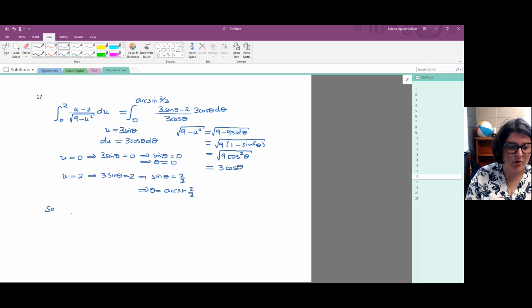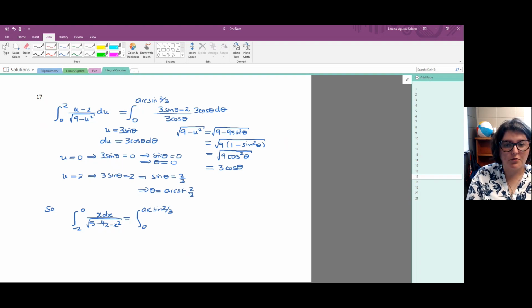So we have the integral that we were given, the integral from -2 to 0 of x dx over the root of 5 minus 4x minus x squared. That equals the integral from 0 to arc sine of 2/3.